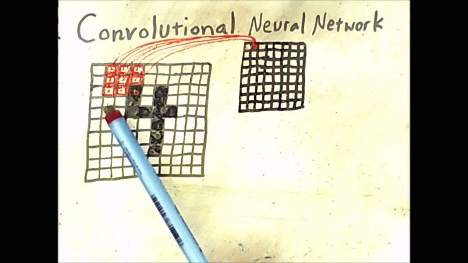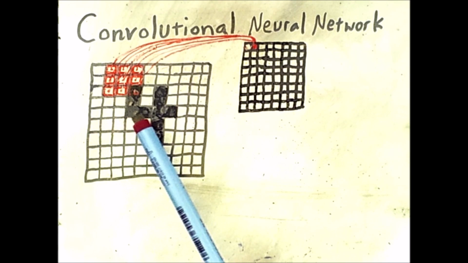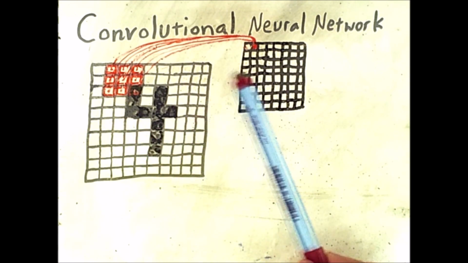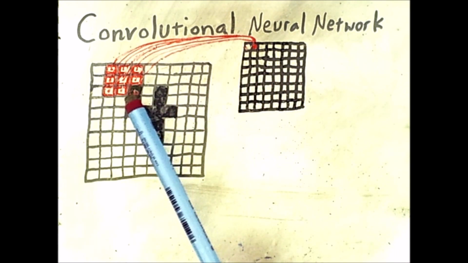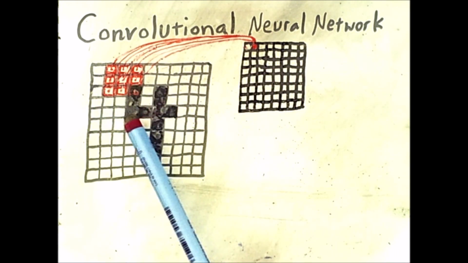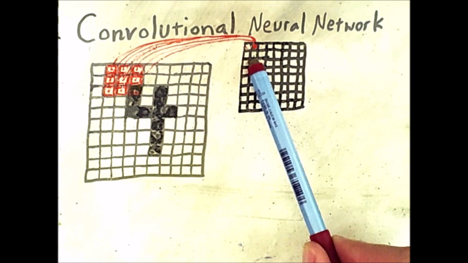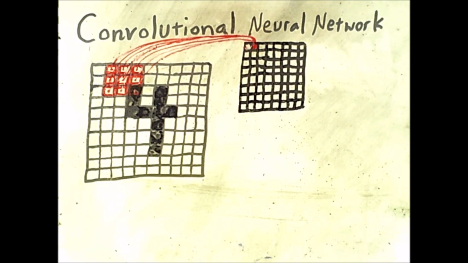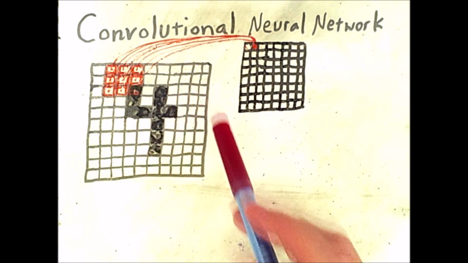So here I have shifted the entire receptive field 1 pixel to the right, and as a result, in the hidden layer above the inputs, these 9 neurons are feeding their values into the neuron that is 1 pixel to the right in the hidden layer above. And you can see that this will continue across this entire space.